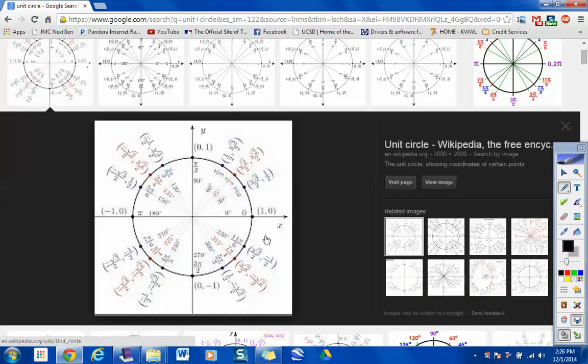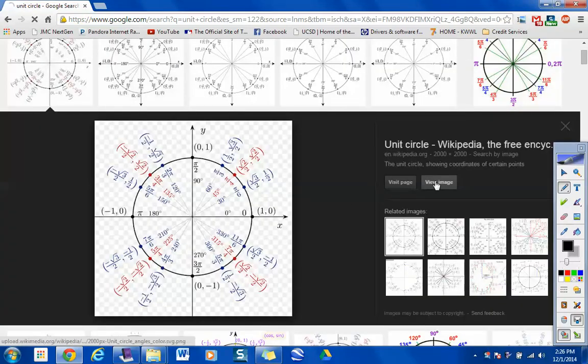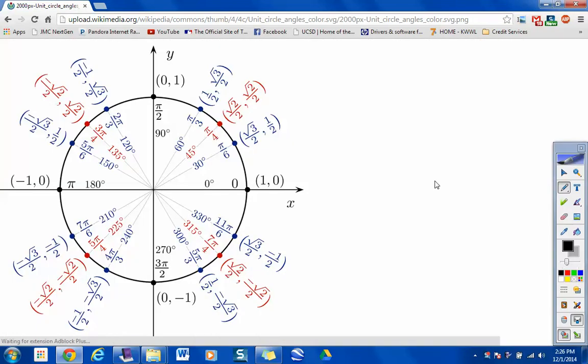Does it look similar to this? Yeah. Pretty similar to that. Can you guys read that okay up there? Okay. So the first one we're going to talk about is going to be at pi radians, isn't it? Isn't pi radians over here?